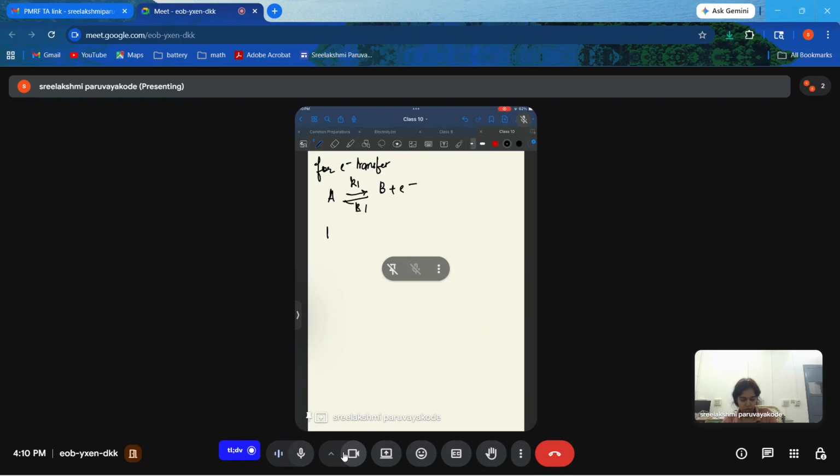Till now, you have 1 by I equal to 1 by the current due to mass transfer plus 1 by the current due to the kinetics. In what we looked through previously, we were only considering kinetics, but in an actual scenario, mass transfer effects also come into play, and this is the entire equation you have to consider.